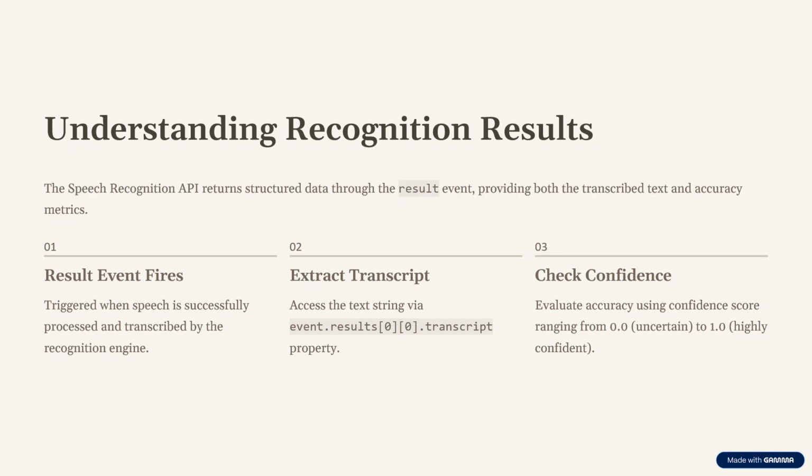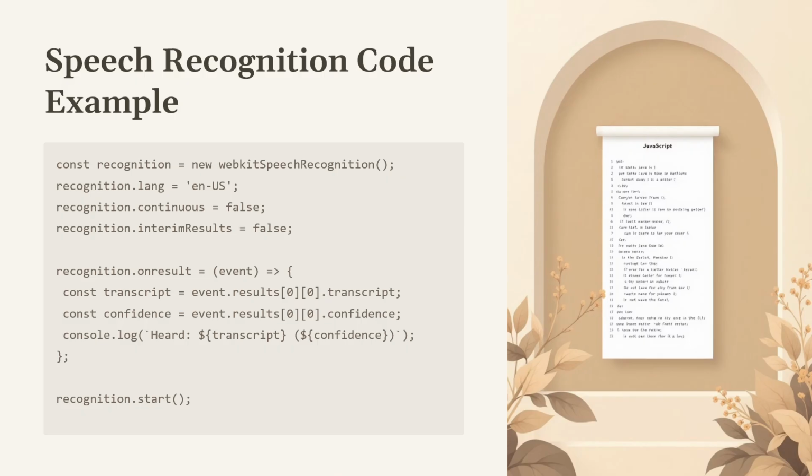Now moving ahead with another point. Here we have the code that is shown in front of you. So new webkitSpeechRecognition, because we are using Google Chrome on localhost. After that, we have recognition language English US, then recognition.continuous false.